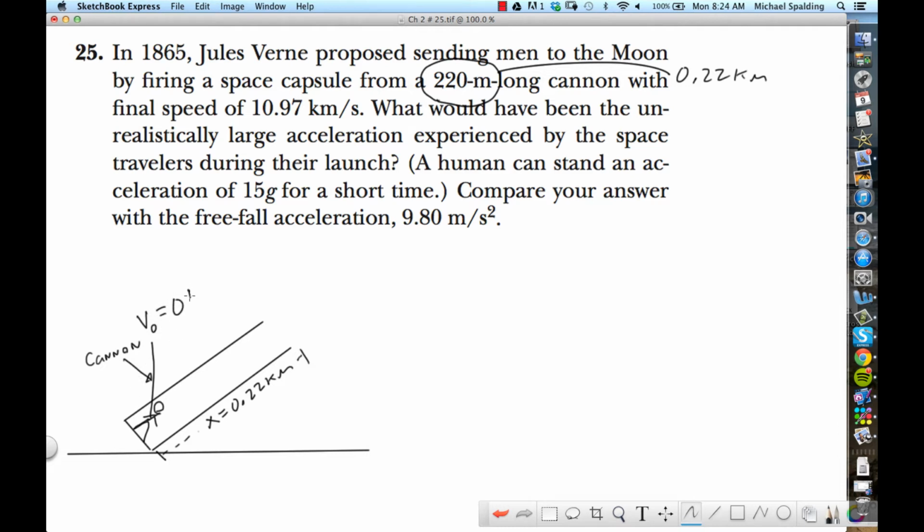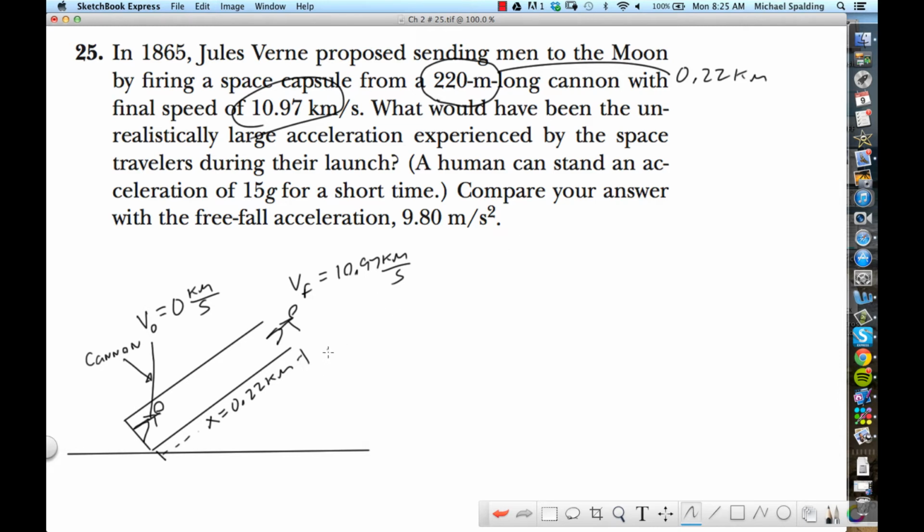Now we're using kilometers here. We're kind of committed to that. Kilometers per second. The guy gets launched, and the final velocity, that's what they give us right here. The final speed, VF, as he leaves the cannon, is 10.97 kilometers per second, which is an insanely large speed.